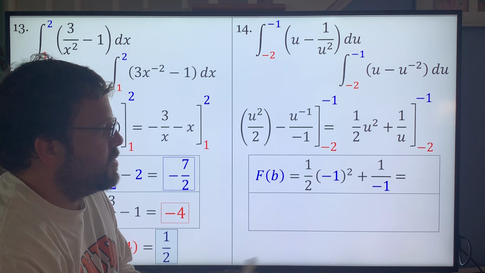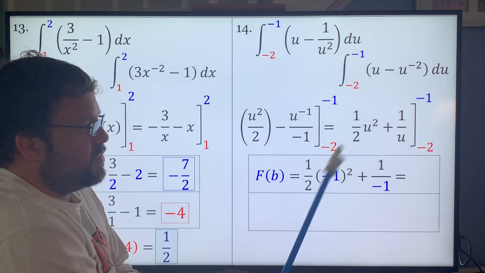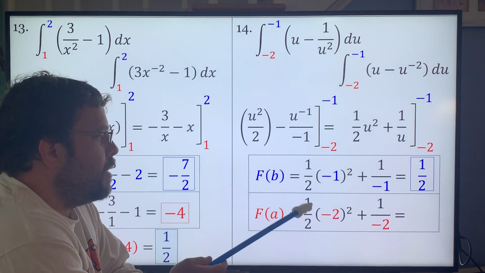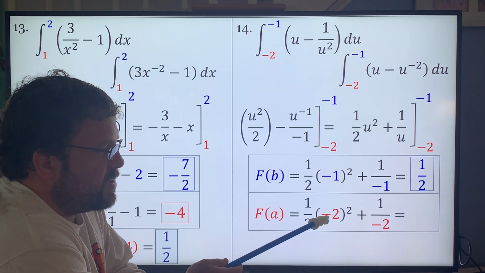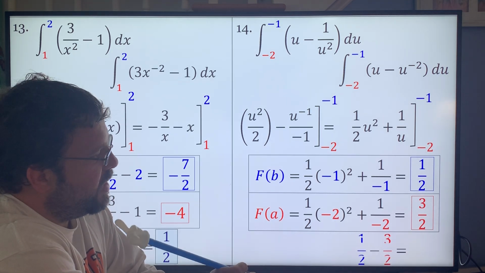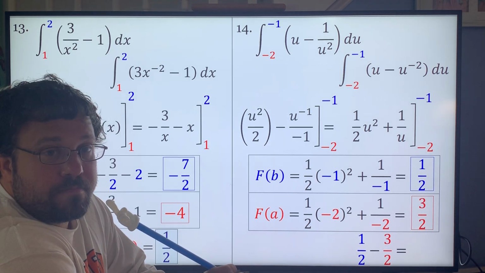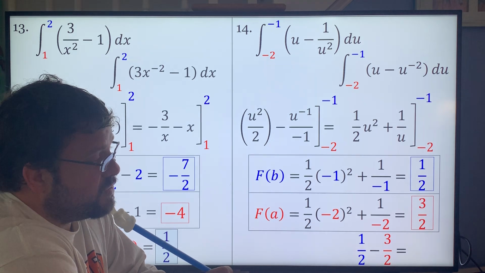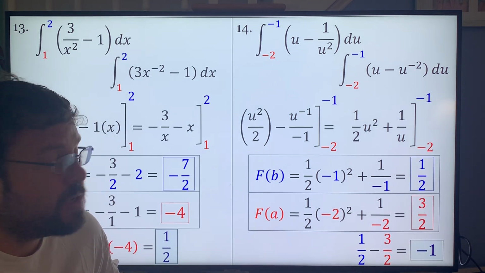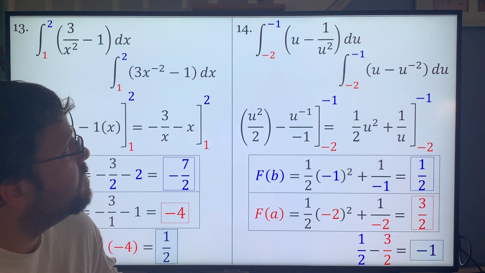Then 1/2 minus 1 is a 1/2. 1/2 times 4 is 2, minus a half is 3/2. 1/2 minus 3/2, -2/2, which is -1. All right. Pretty good? You feeling it?